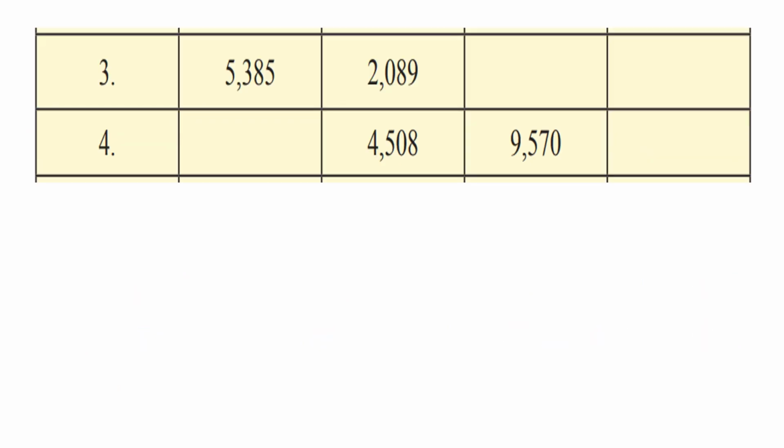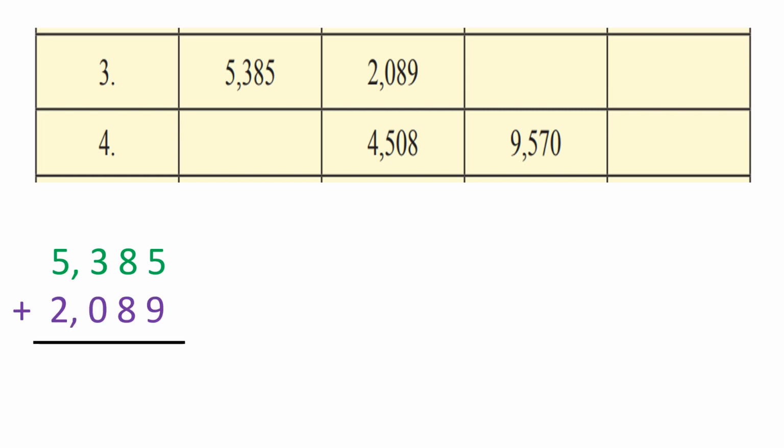Okay, number 3. The first number is 5,385. The second number is 2,089. And then you get the sum. You add 5,385 plus 2,089. First, you add 5 plus 9 is 14.